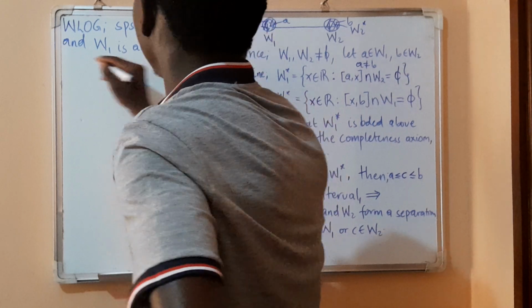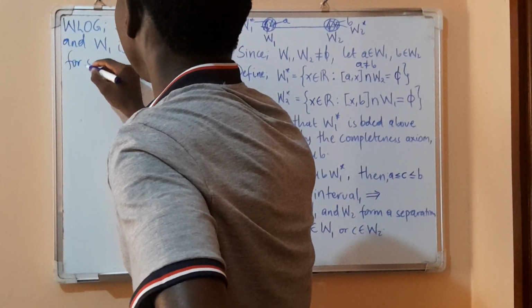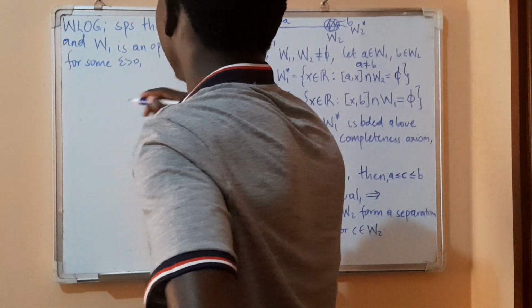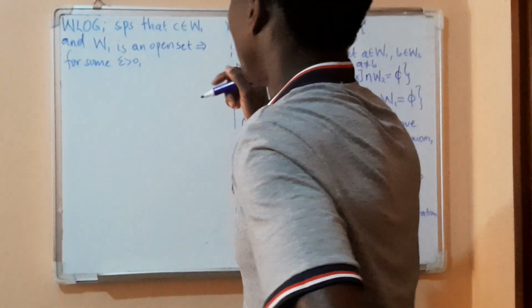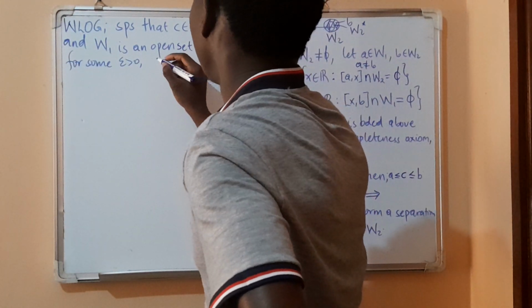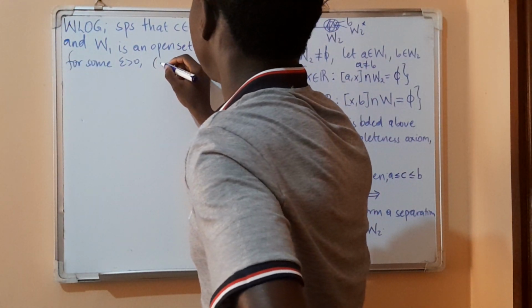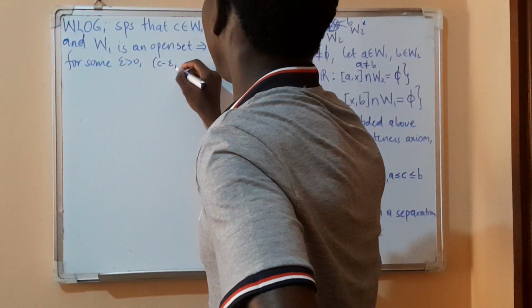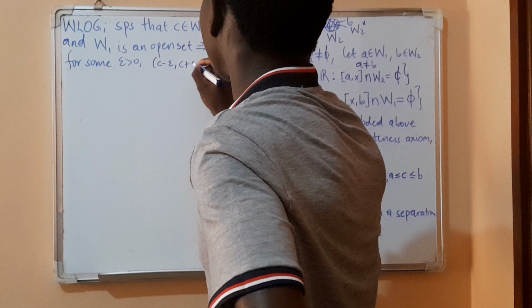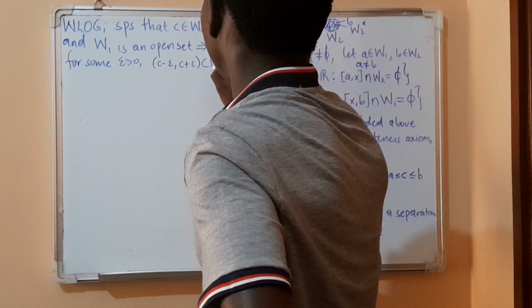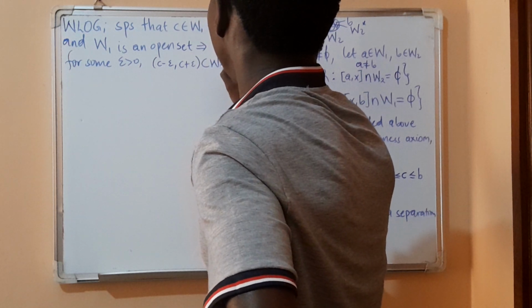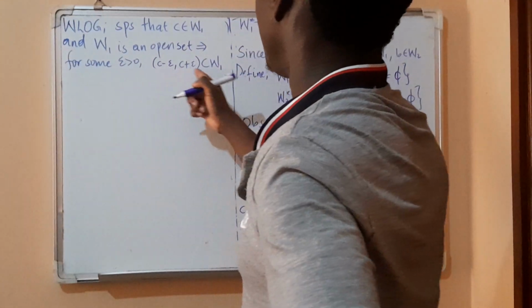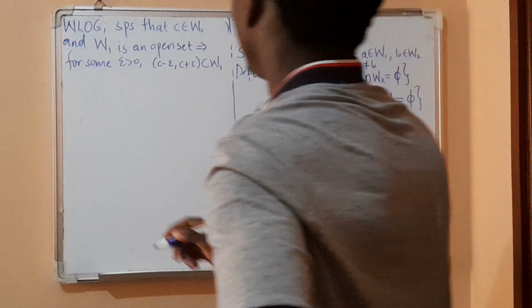This implies that for some epsilon greater than 0, the epsilon neighborhood of C, by definition of an open set, is fully contained in W1.